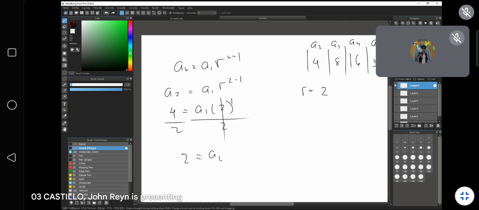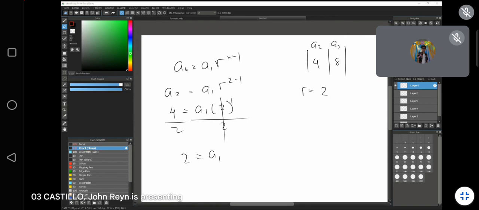Delete the 16 and 32 in the given. Even if you do not have those two, 16 and 32, you do have 8 and 4. And if the statement says it's a geometric sequence, then you can solve for the first term. Did you get that, class? Okay, ganun lang siya kadali.